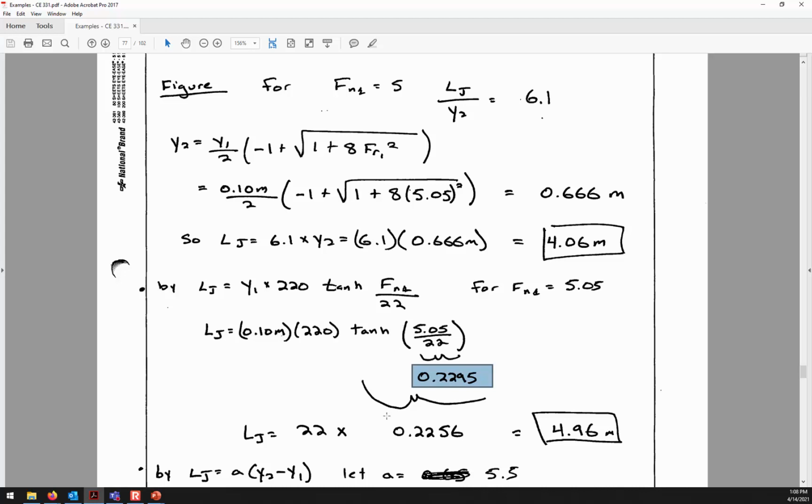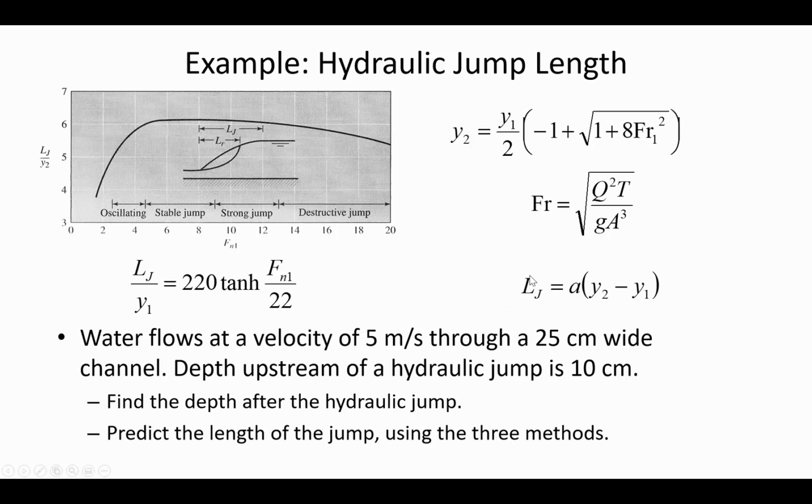So don't expect that just because this was 0.22 and 0.22 went into it that you might as well just skip the tanh function, because that's not always the case. But this other method of predicting what the length of the jump would be says that it's going to be 4.96 meters.